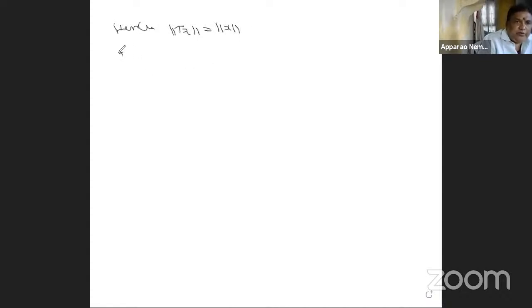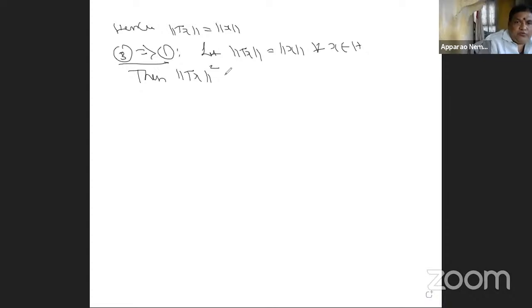3 implies 1. Let norm of T of x equal norm of x for all x in H. Then norm of T of x whole square equals norm of x whole square.